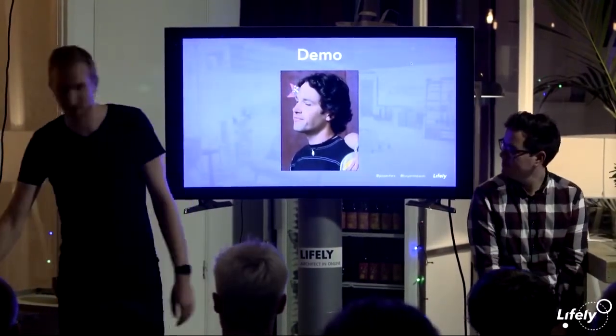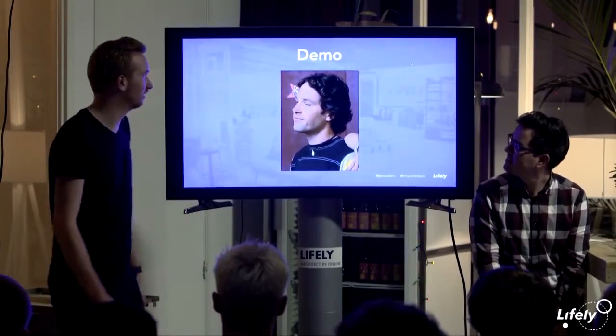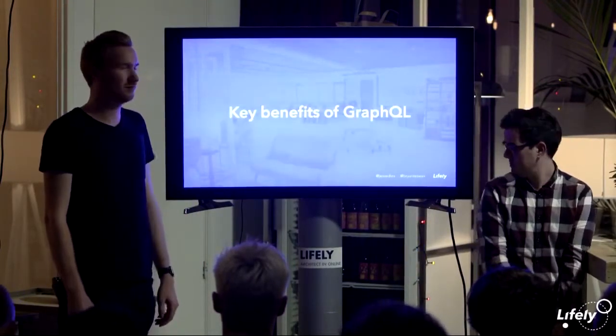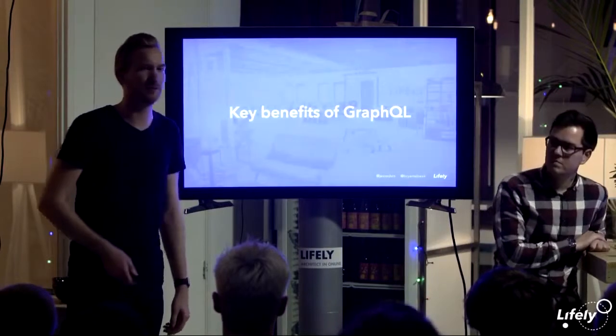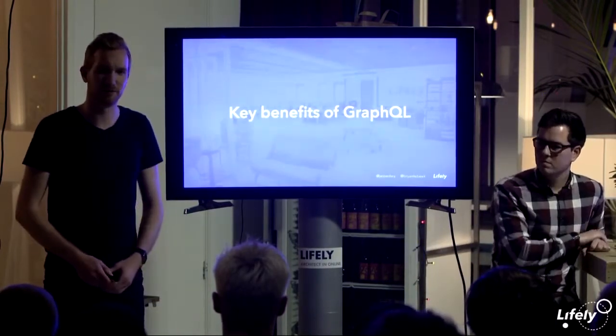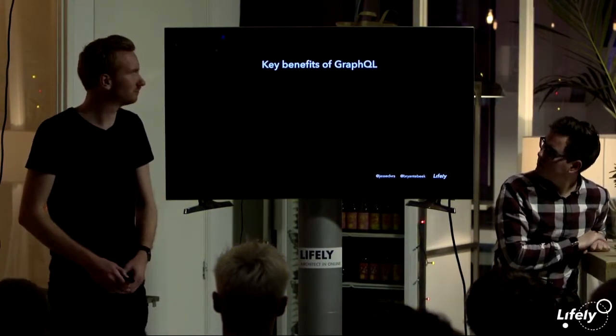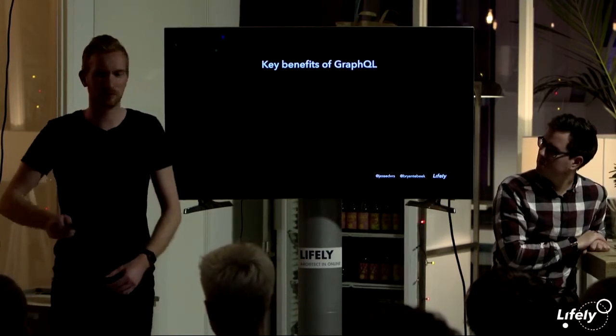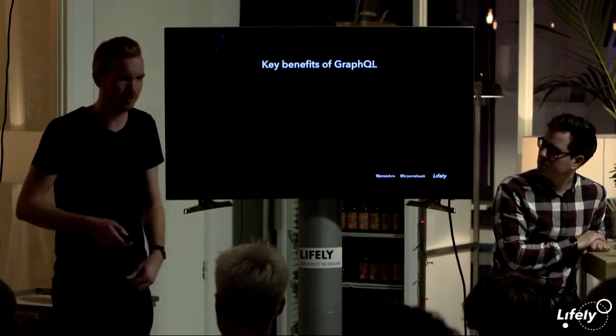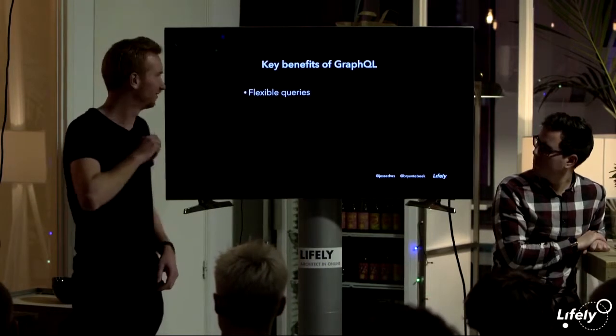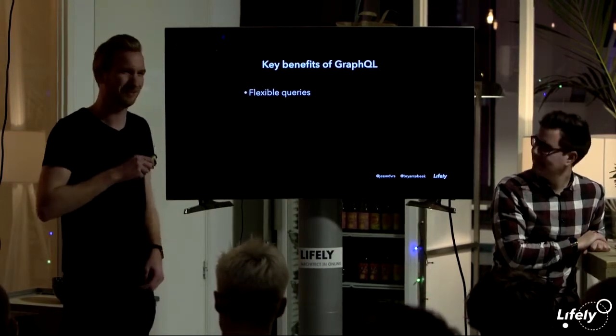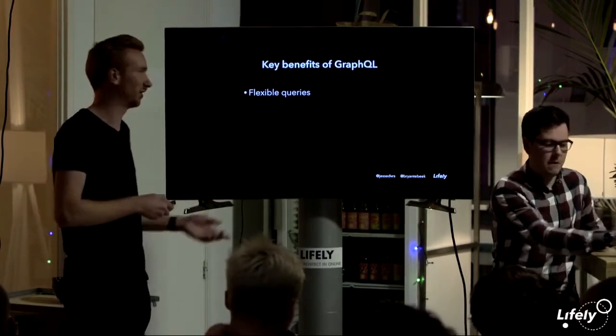Oh, remote. Okay. So I will jump a little bit to the key benefits of GraphQL first. I think to most of you it's already pretty clear, but I will run very quickly through them. The queries are flexible, as you just saw.